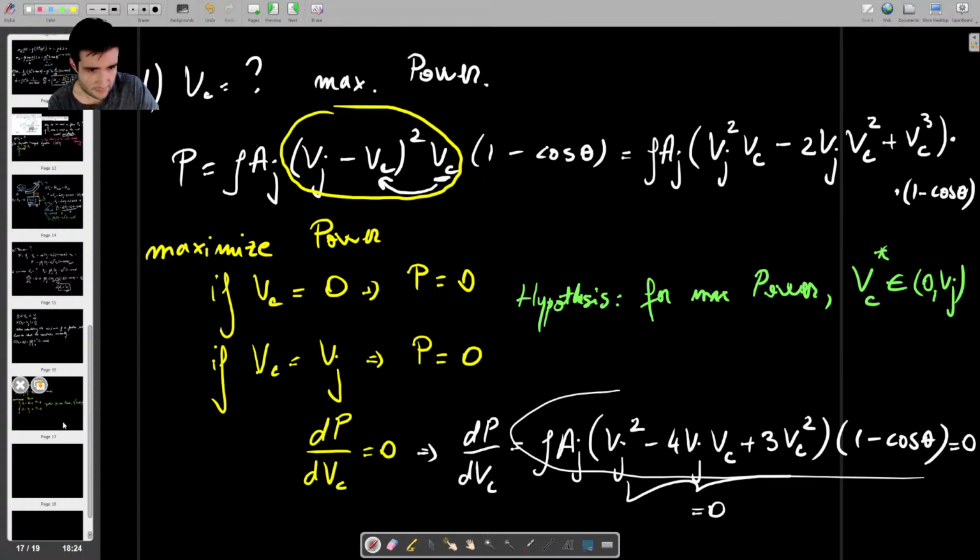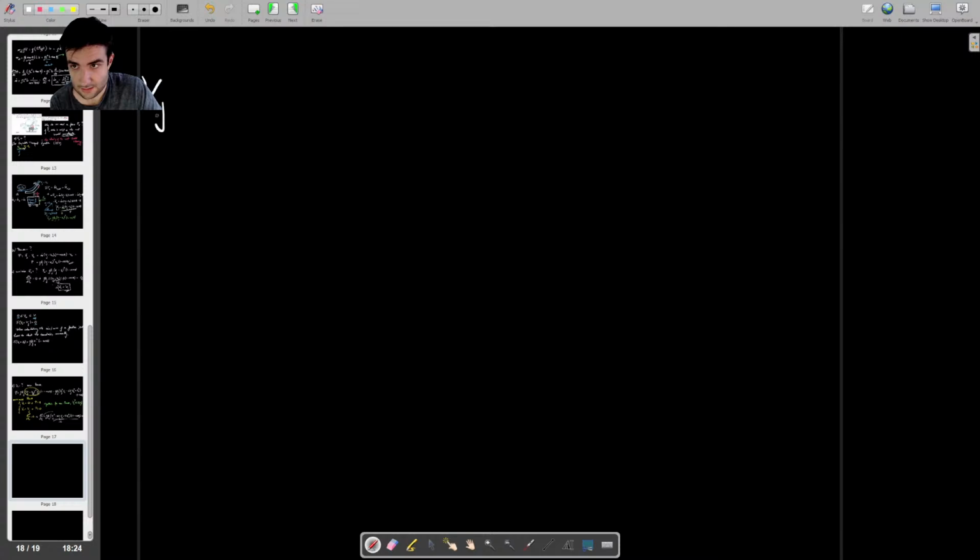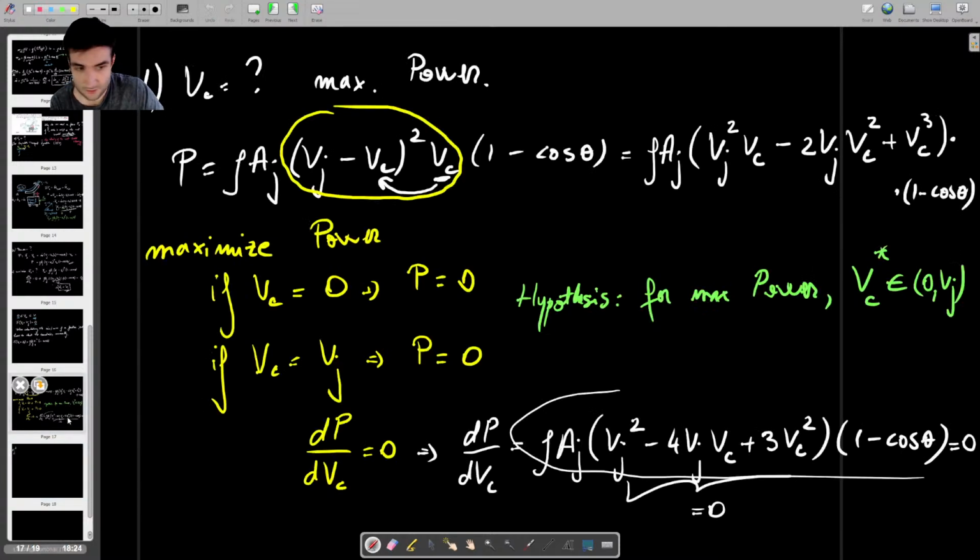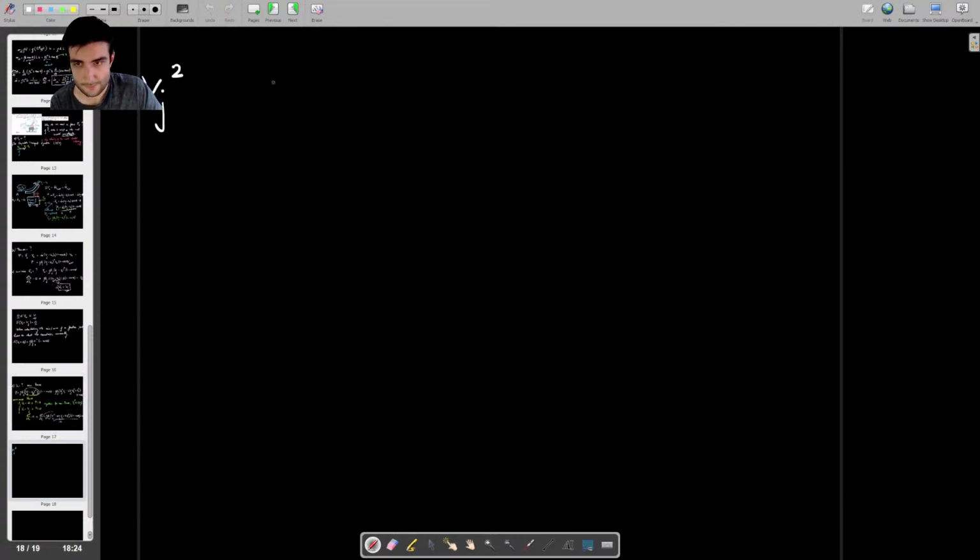So if I rewrite that expression, which is essentially a quadratic, then what I get is Vj squared minus 4 Vj Vc, and then I have plus 3 Vc squared is equal to 0.